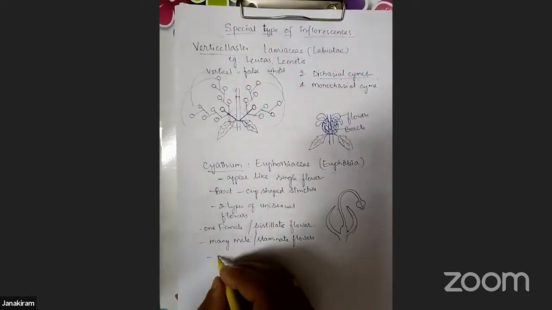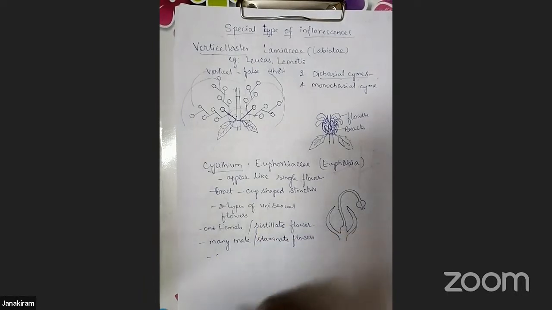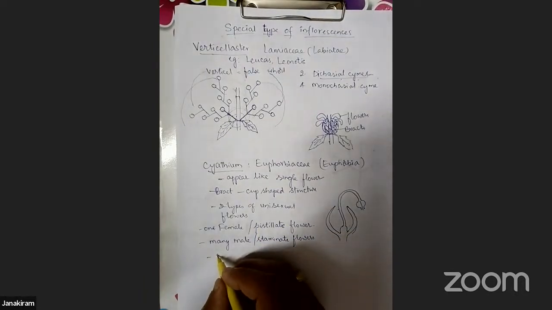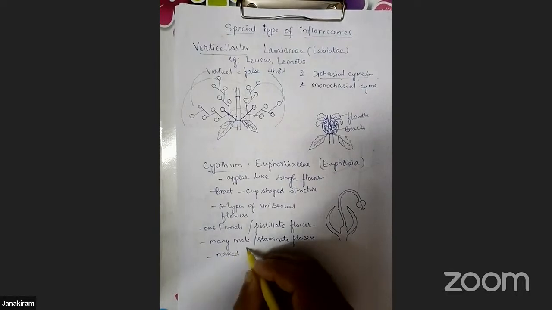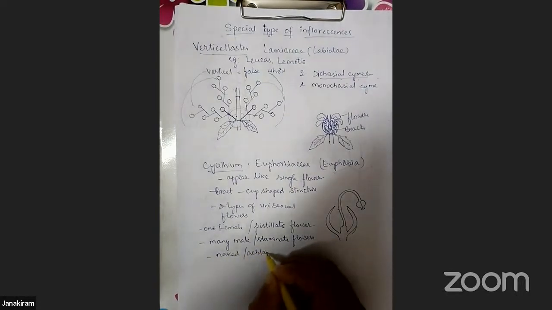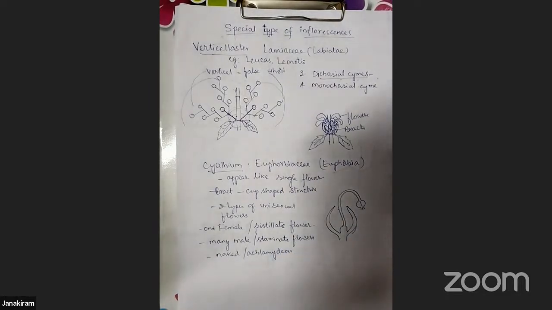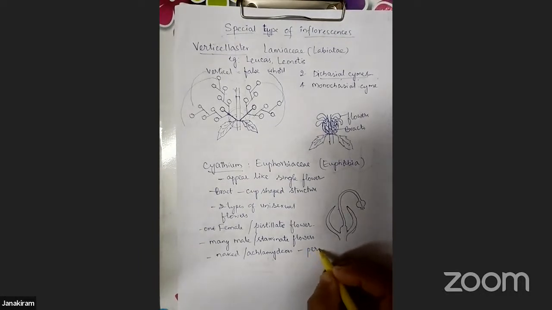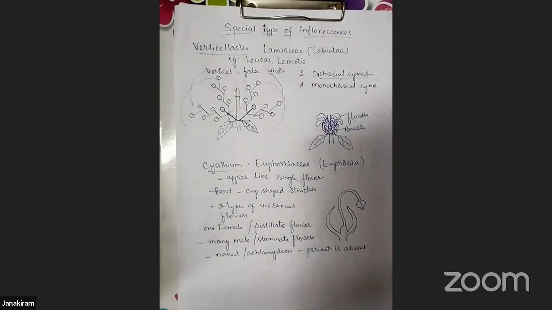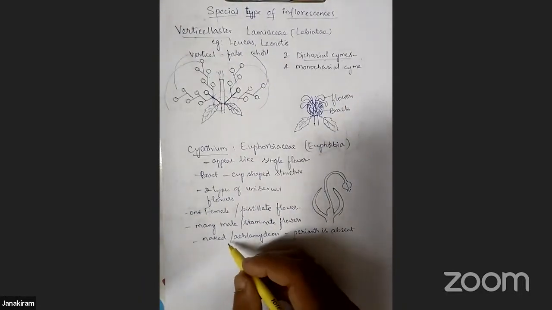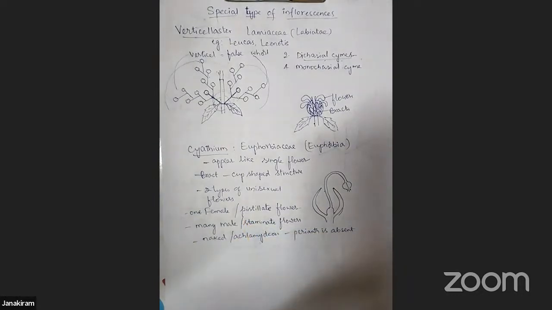One more character common to both the male and female flowers is that both are naked flowers, or achlamydeous. Achlamydeous means the perianth is absent; calyx and corolla are absent in them. That is a unique or special character that can be seen in these flowers. Both the male and female flowers are naked, that is, without perianth.